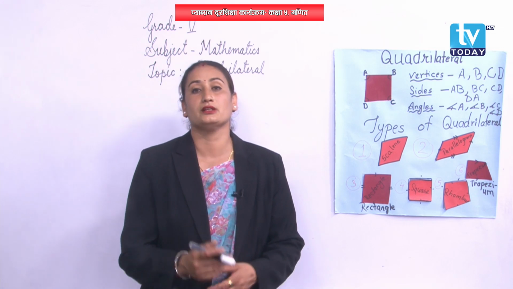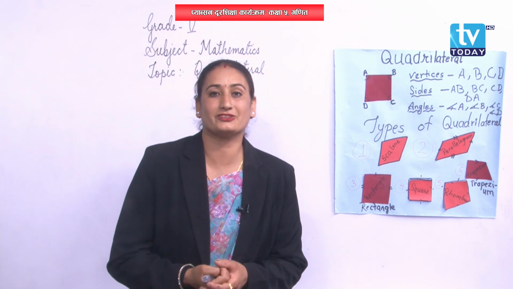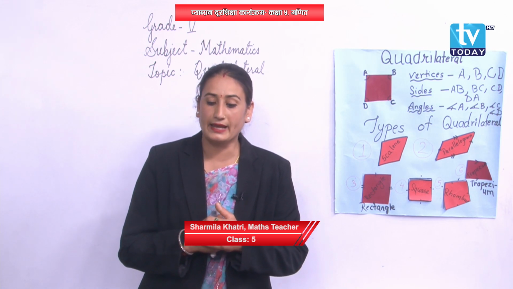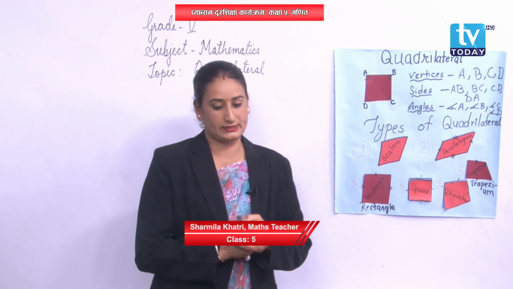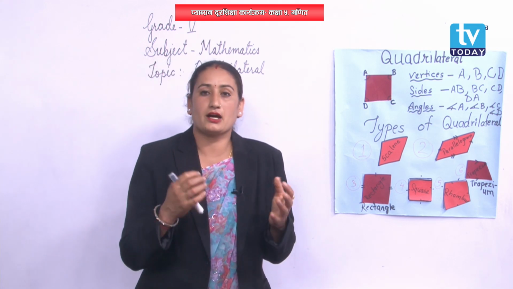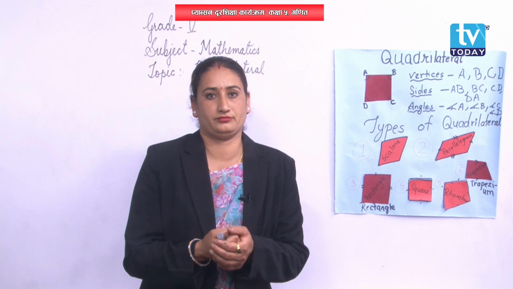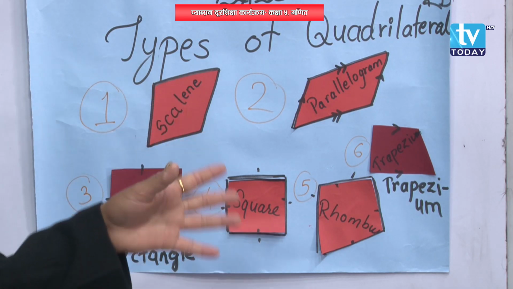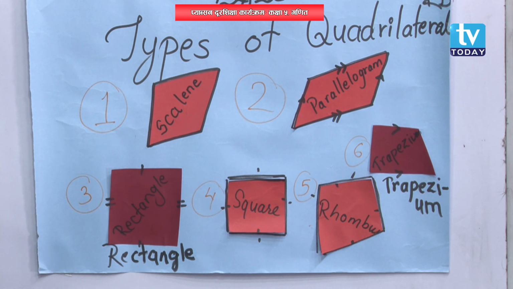Scalene triangle, you know that well, right? A scalene triangle means none of the sides are equal. Same here, in a scalene quadrilateral, having 4 sides, none of them are equal. That means obviously none of the angles are equal either.